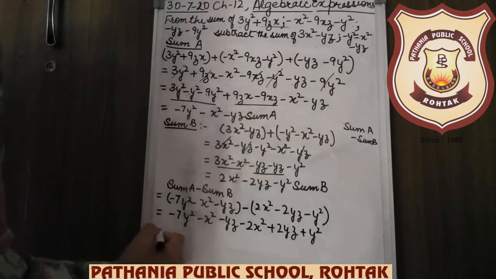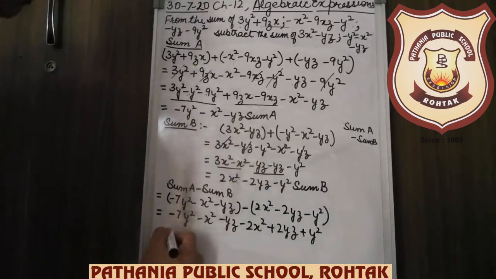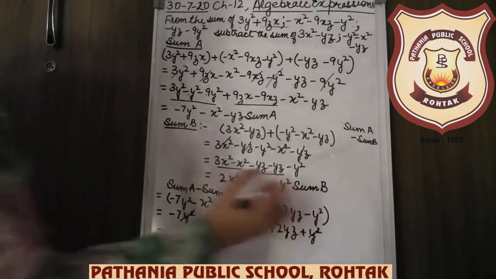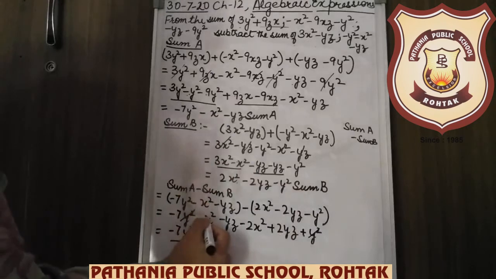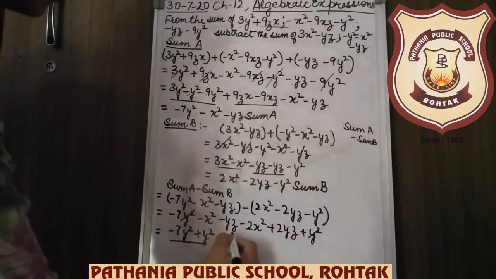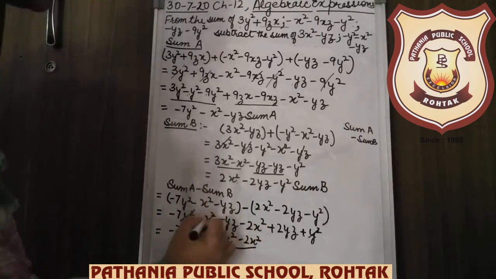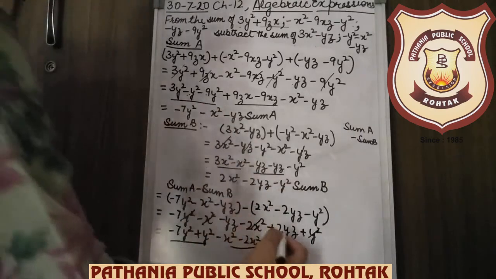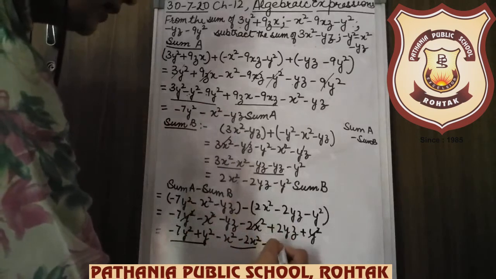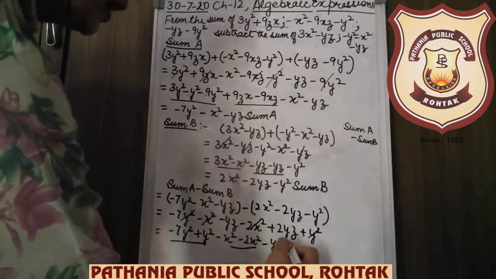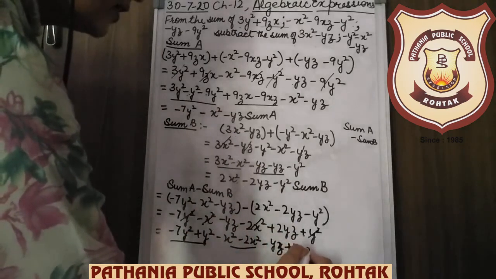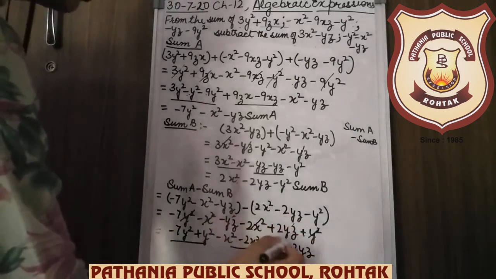Now collect the like terms with y square as variable, 7y square plus y square. So you have used these two. Minus x square minus 2x square. So you have used these two also. Minus yz and plus 2yz. So you have used these two also.